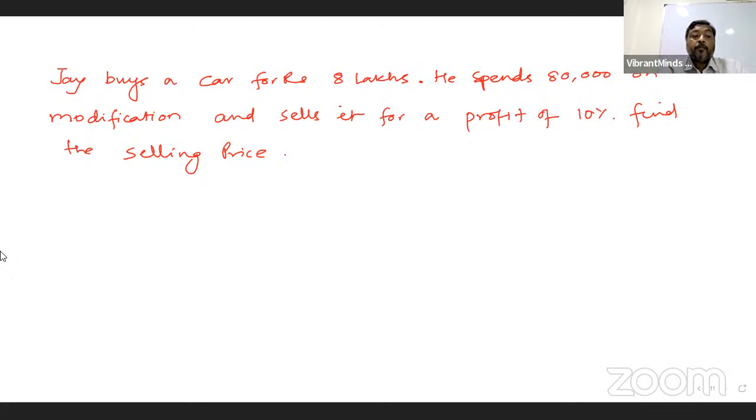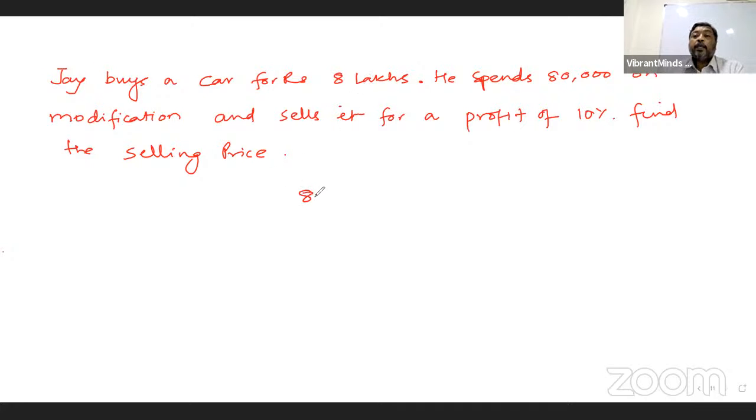and that is whatever repairs or modification he has done, it will always be counted in the cost price.